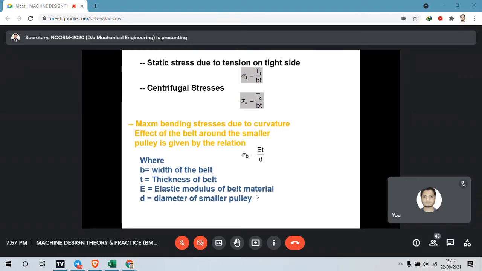The static stress due to tension in the tight side will be taken as sigma 1, that is T1 upon Bt, where that is the cross-sectional area, B the width of the belt and t the thickness of the belt. And the centrifugal tension stress is sigma C, Tc upon Bt.